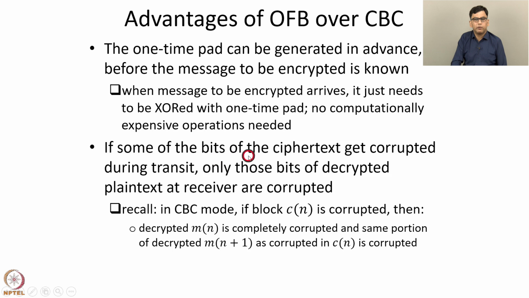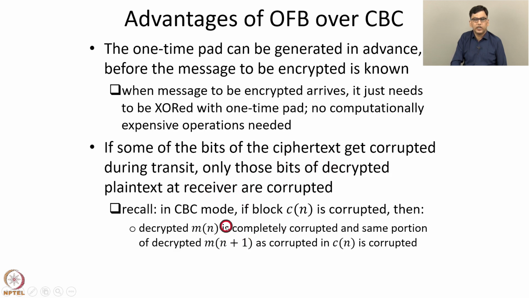That's because if some of the bits of the ciphertext block Cn get corrupted, then they are XORed with the corresponding bits of the one-time pad, and as a result, only the corresponding bits of the decrypted plaintext will be corrupted. Whereas in CBC, that is not the case.